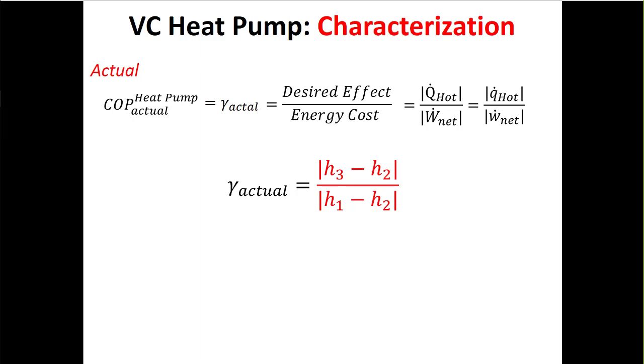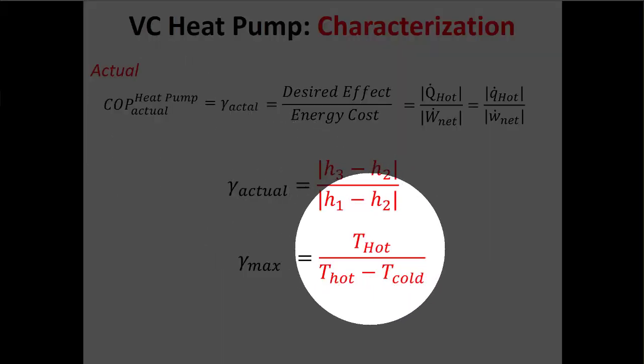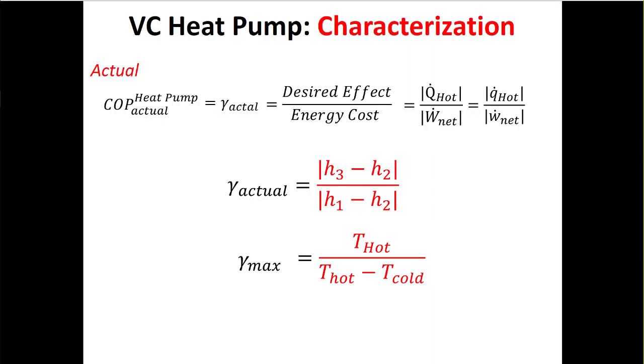But if you just get in the habit of knowing that coefficient of performance always has to be positive, that's good, right? And again, we can compare this to the Carnot equation, and it looks almost like the Carnot equation for the refrigerator, but now because our benefit is heat transfer on the hot side, our numerator in the Carnot equation is the temperature on the hot side.